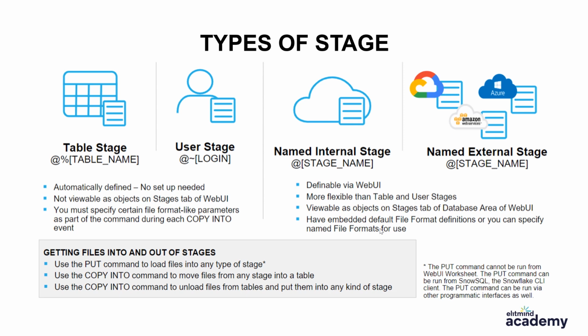There are actually 4 types of stages. Normally you would probably use named external stages as your primary choice, because that would allow you to connect to your external data lakes that reside in Azure, Amazon Web Services or Google Cloud Platform.